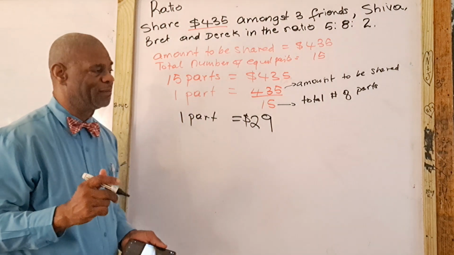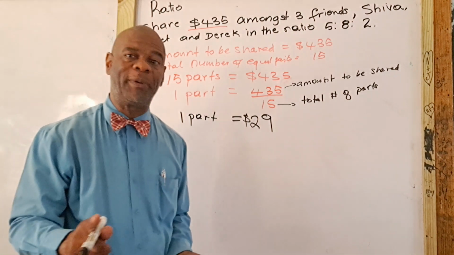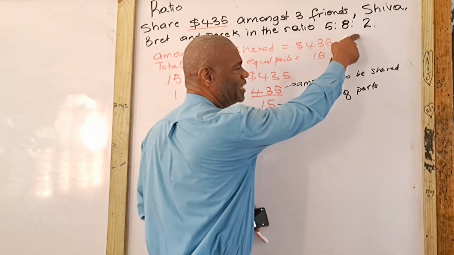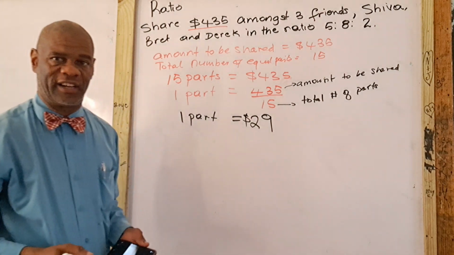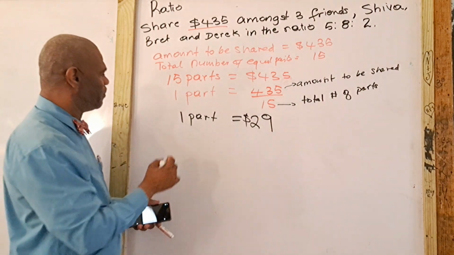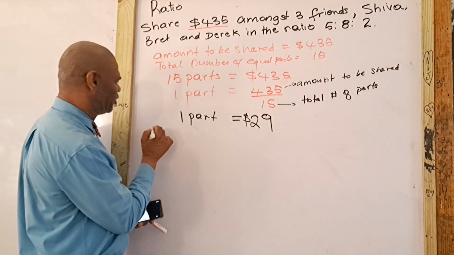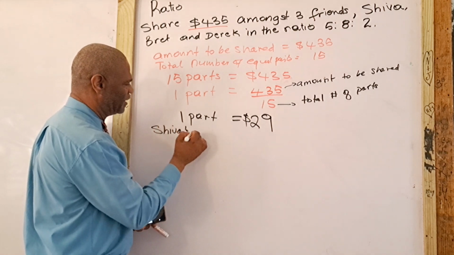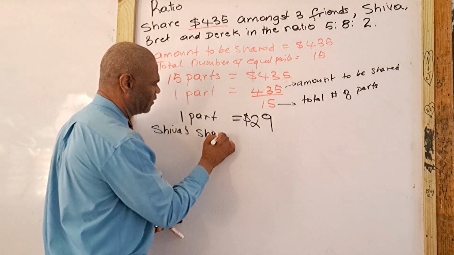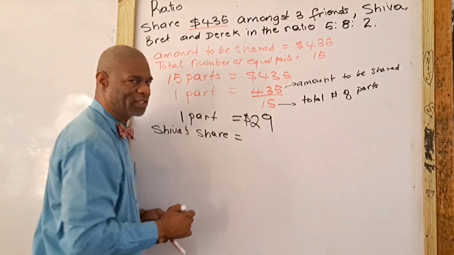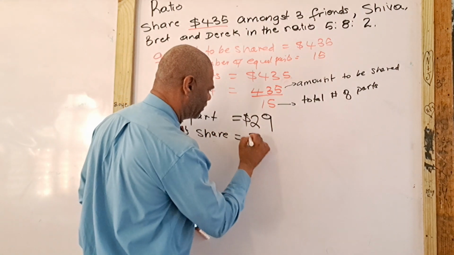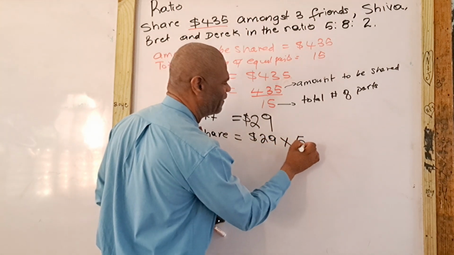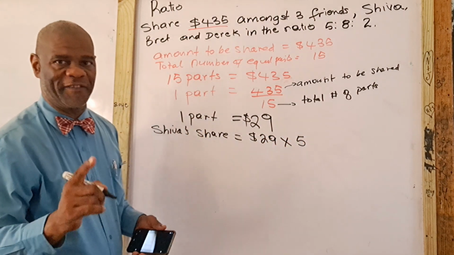By multiplying what one part is by the number of parts each person should get. Alright? So Shiva's share is equal to what? $29 times 5, since she's supposed to get 5 parts.